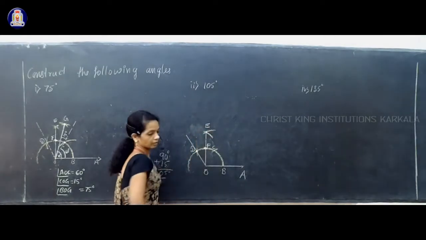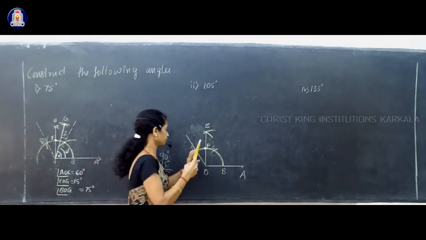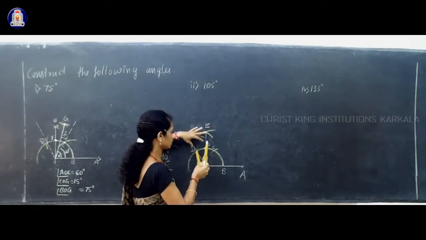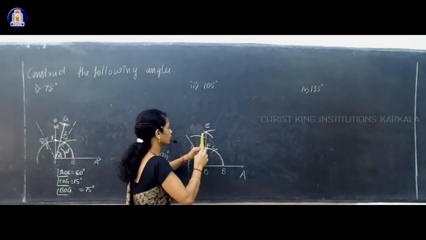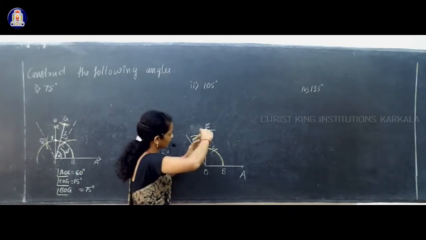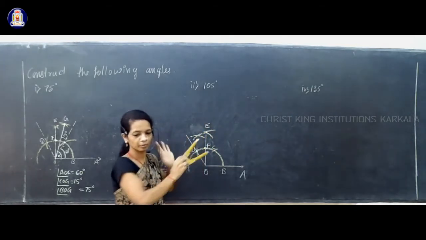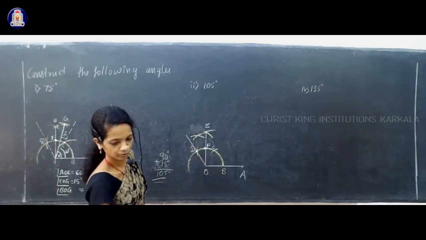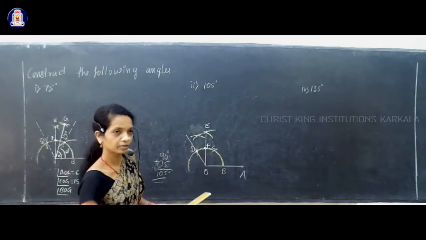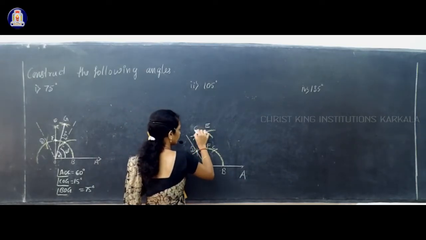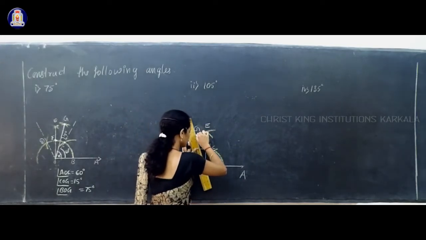Okay. Now keep it at D and draw one arc in between these two lines. Now repeat the same by keeping it at F also, such that it cuts the previous arc you drew. Okay. Now you join the point of intersection of these two arcs. I'll take that as G. Now join that G with O.